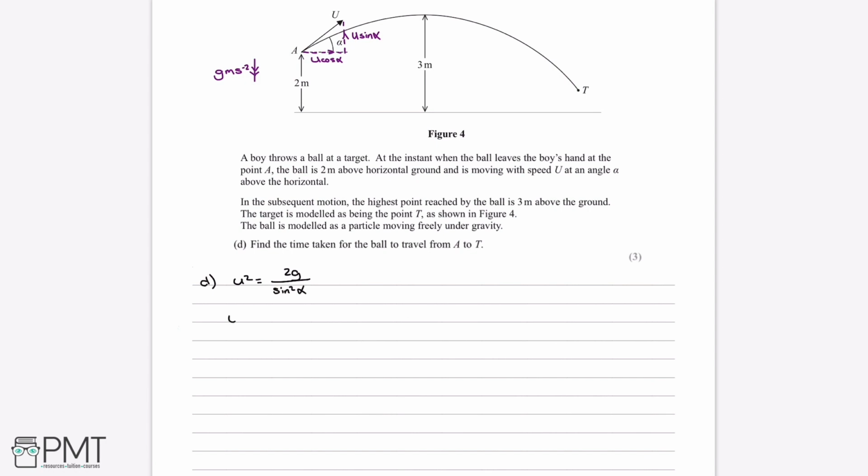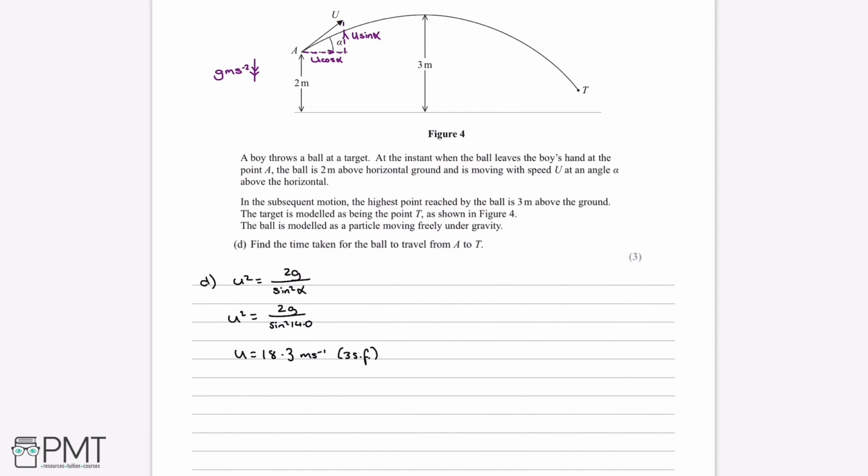So we know that if alpha is equal to 14.0, as we found in B, U squared is equal to 2g divided by sine squared 14.0. And so if we square root this and solve it in a calculator, we get that U is equal to 18.3, but that's to 3 significant figures. In your calculations, use the entire value for simplicity, and we just write down the first 3 significant figures.